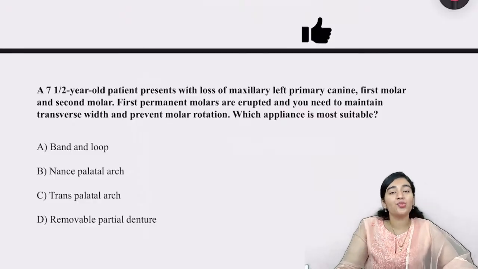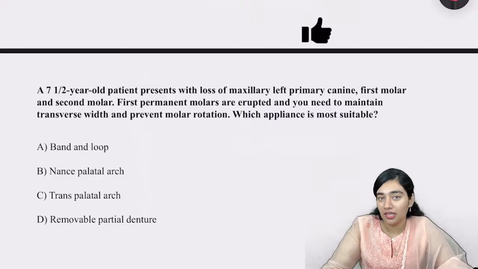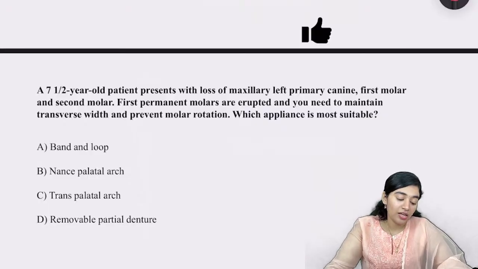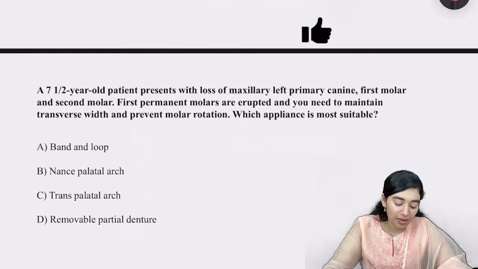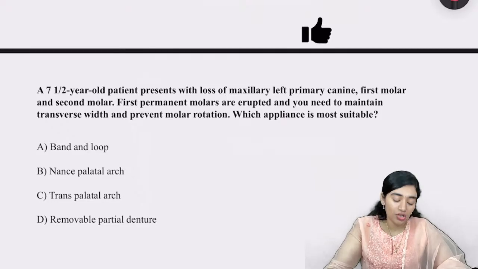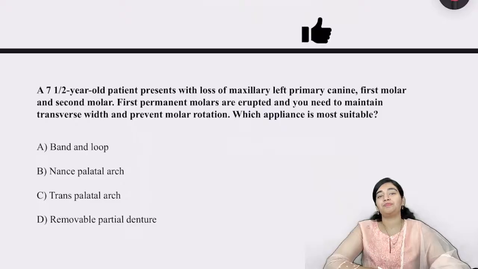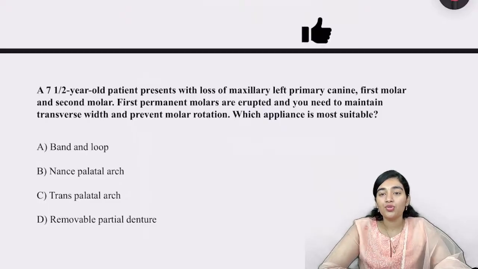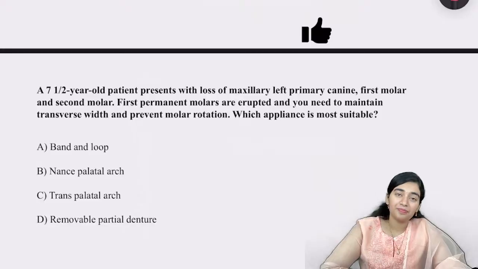So which appliance is most suitable in this particular case scenario? And the options you have are band and loop, Nance palatal arch, transpalatal arch, and removable partial denture. So these are your options. So please in the comment box let me know the appropriate answer you think for this case.